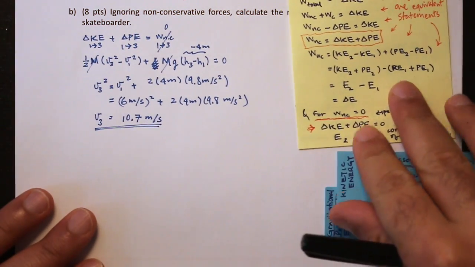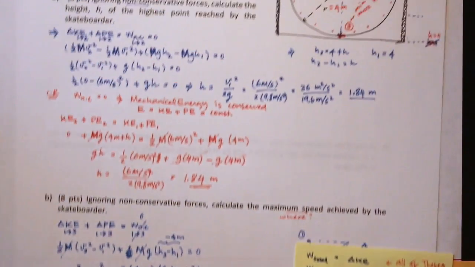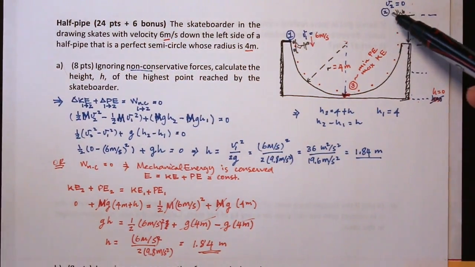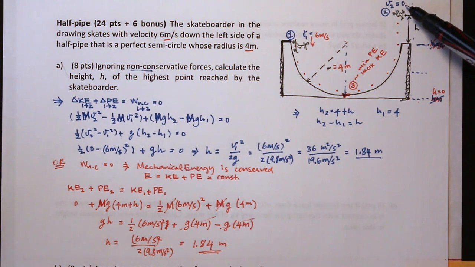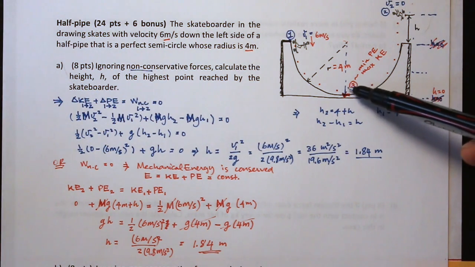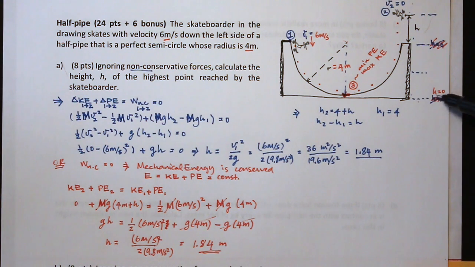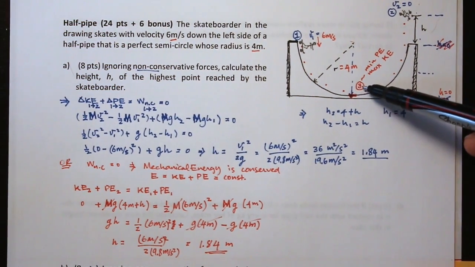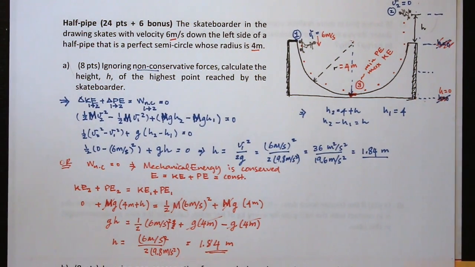So I could have picked, for example, to compare positions 2 and 3, because at position 2 the velocity is 0. That means there is no kinetic energy, so all the mechanical energy is in the potential energy. And at position 3, if I choose my h equal to 0 to be exactly at position 3, the potential energy is 0, so all of the energy is in the kinetic energy. So the kinetic energy at 3 is equal to the potential energy at 2.